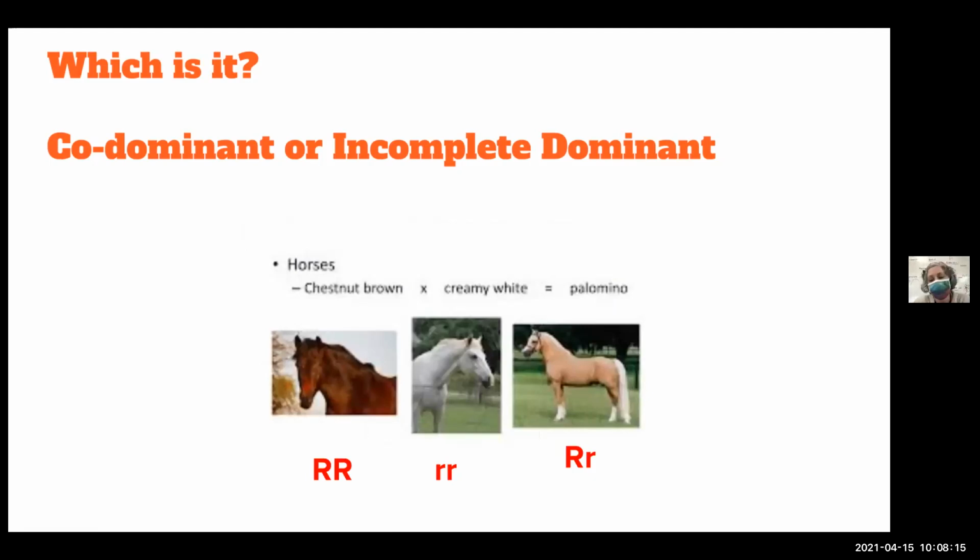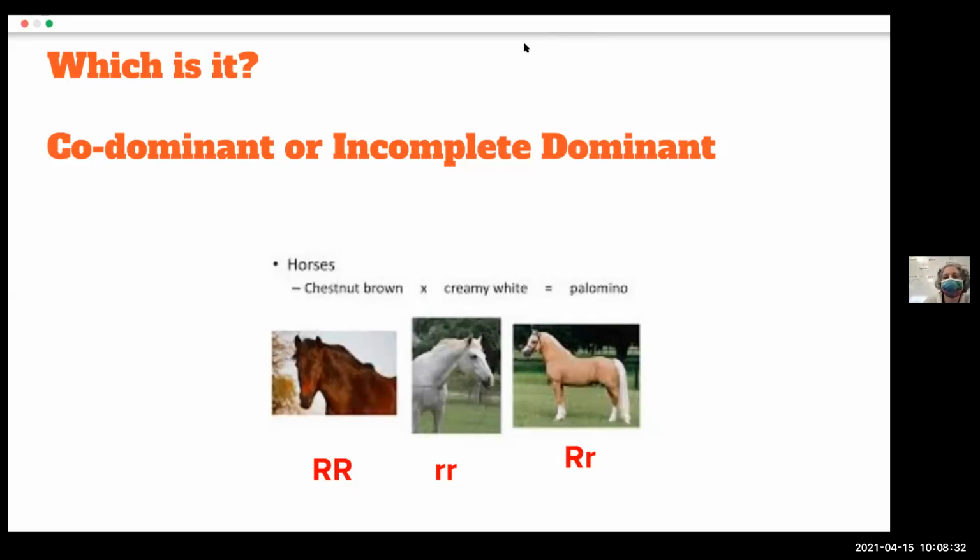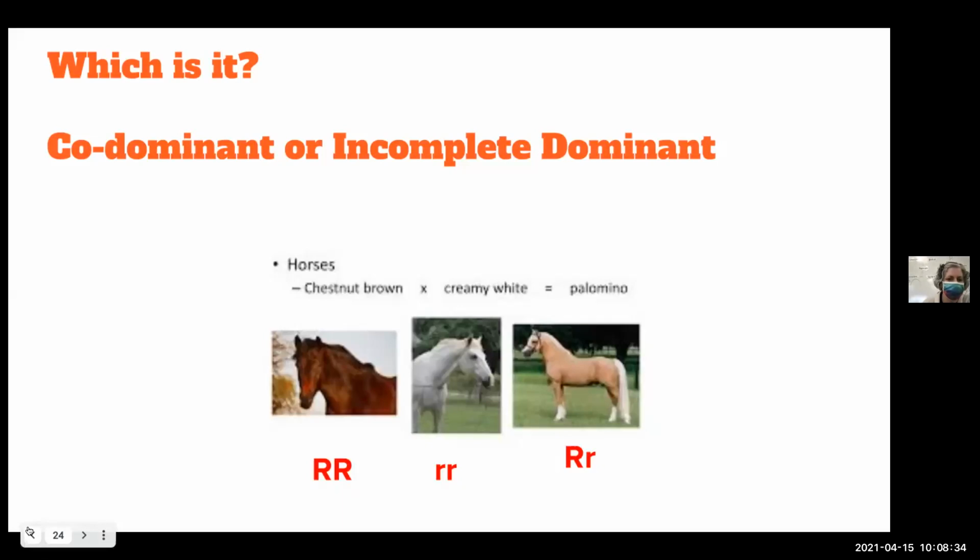So we're crossing a red or a brown horse with a white horse, and their babies are cream colored, also known as palomino. It's not codominance on this one. So this is an example of incomplete dominance, right? Oops, sorry, let me go back.